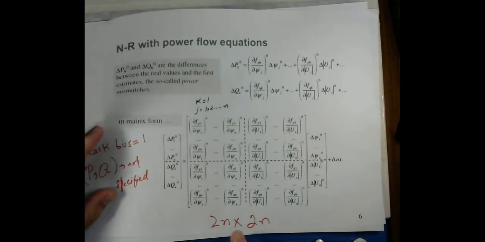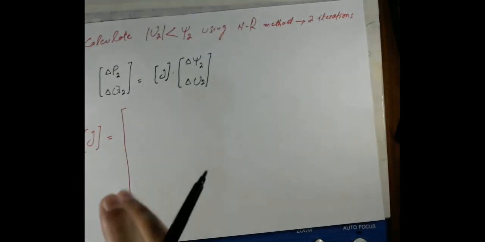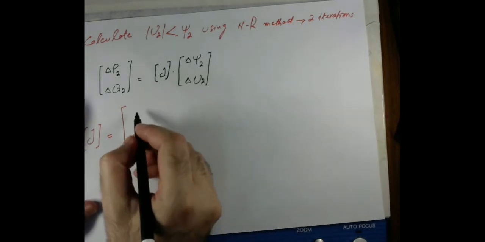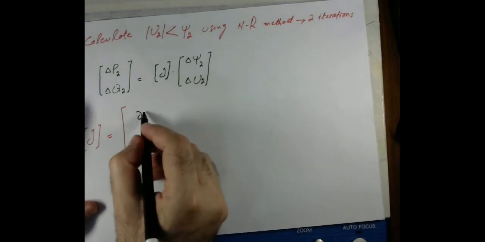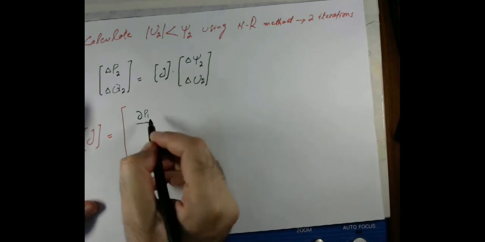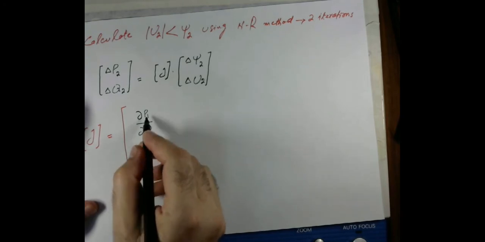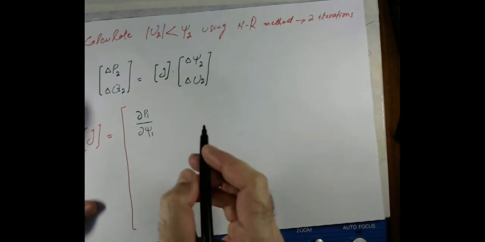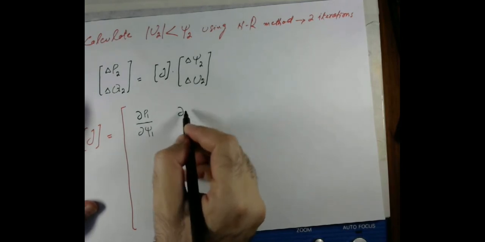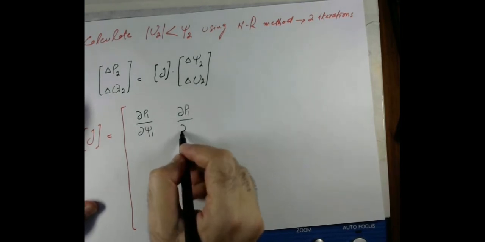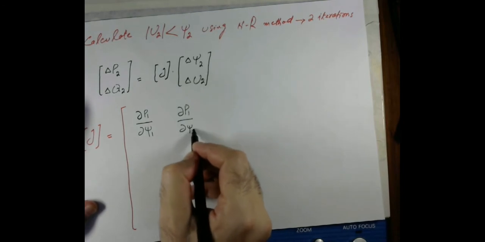So as I mentioned, it will have 2n cross 2n elements. We know that the number of buses in this particular network is 2, so the matrix we will have for this problem will have 16 elements. Let me now write the first entry: the derivative of P1 with respect to the angle psi 1, and the second entry will be the derivative of P1 with respect to psi 2.